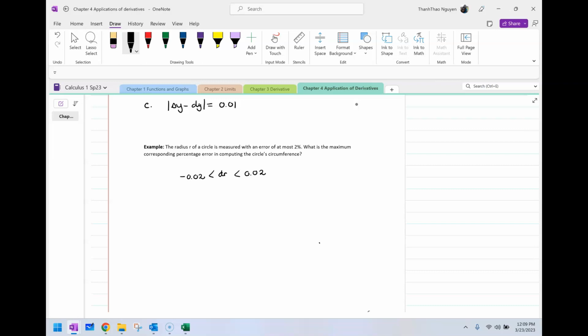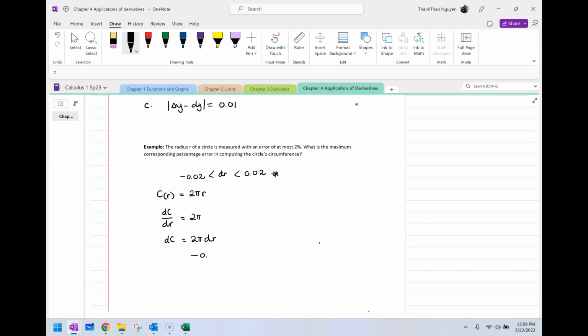Okay. So let's take a look at the circumference. The circumference of the circle C in terms of r is equal to 2 pi r. So then dC/dr is equal to 2 pi, so dC equals 2 pi dr. So the error in the circumference, we will go ahead and manipulate in this formula.